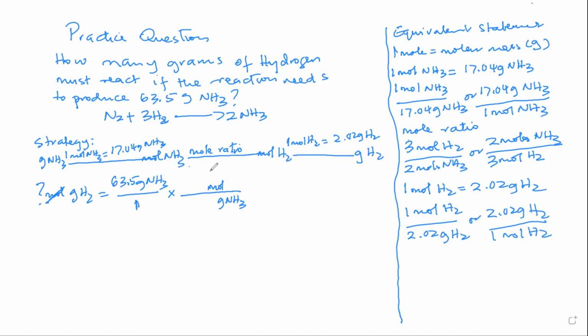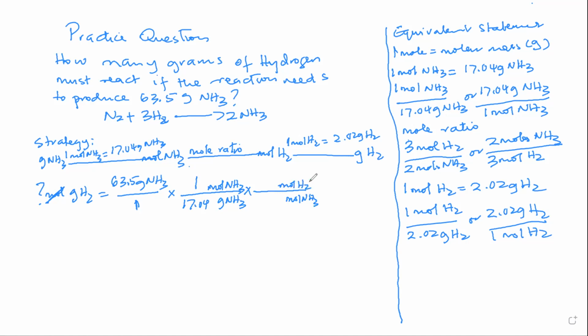We are going from grams to moles of NH3. Okay, we look here, which one? We are using the first one, 17.04. Then we are using the mole ratio now. We are going from ammonia to hydrogen.